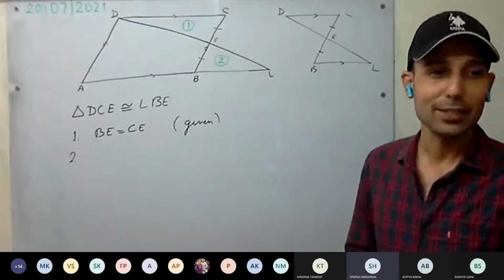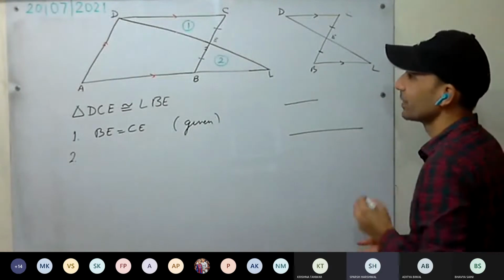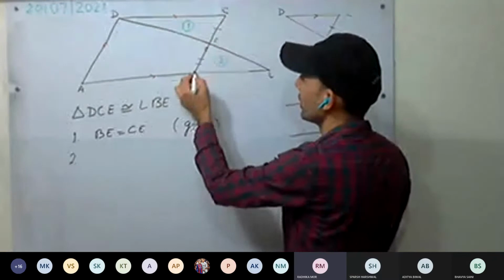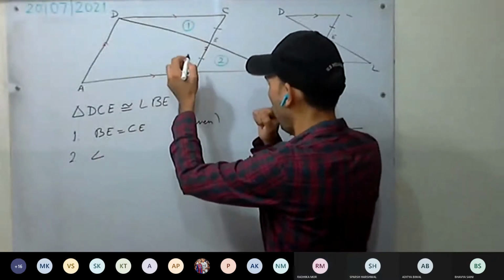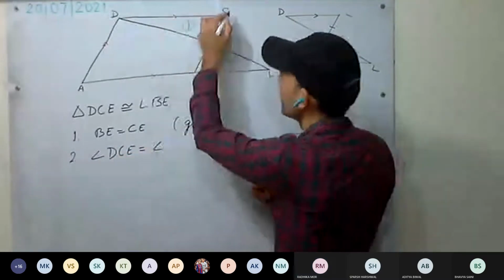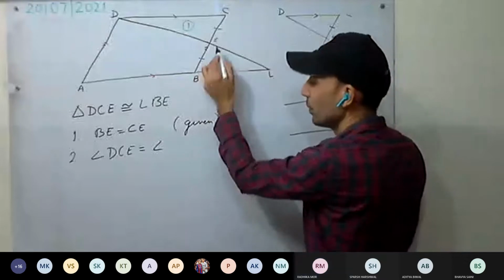If they are parallel, it doesn't make them equal. So I write angle DCE equal to angle LBE.